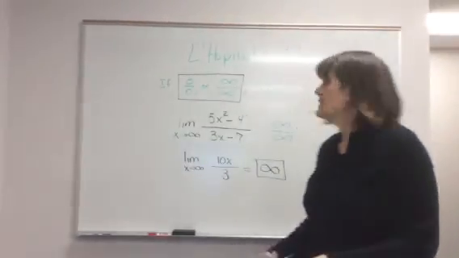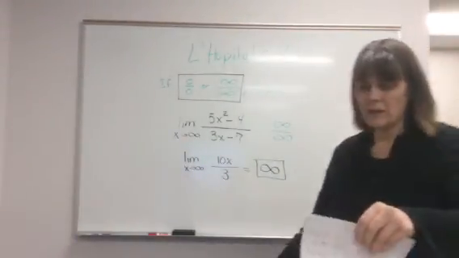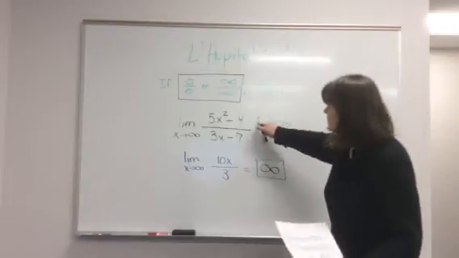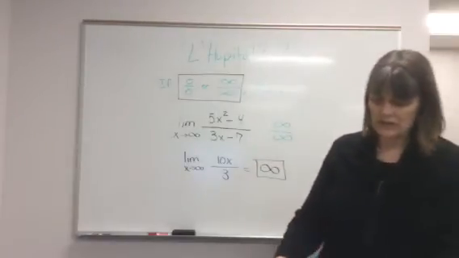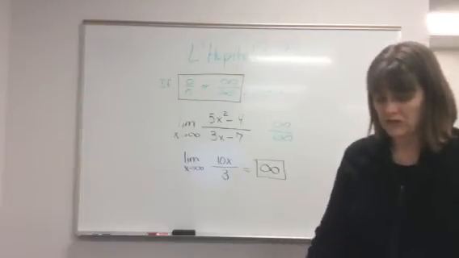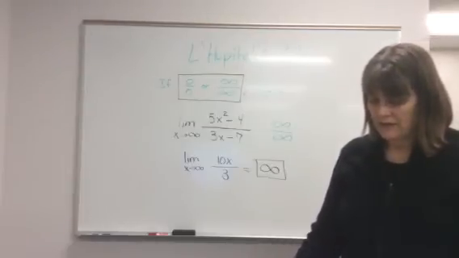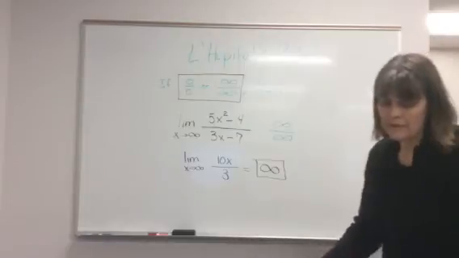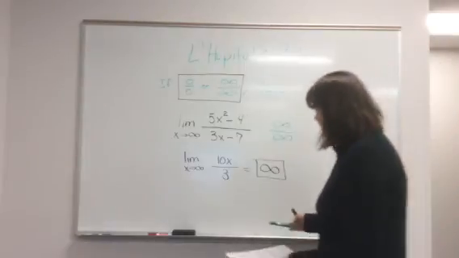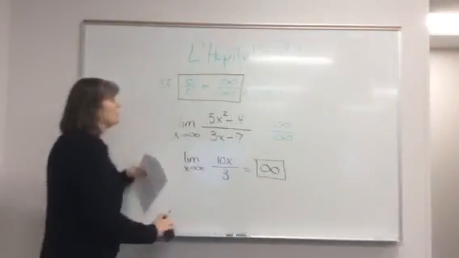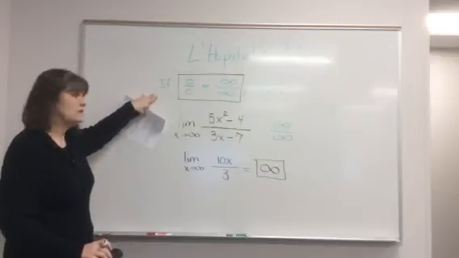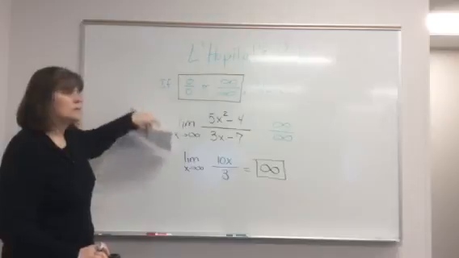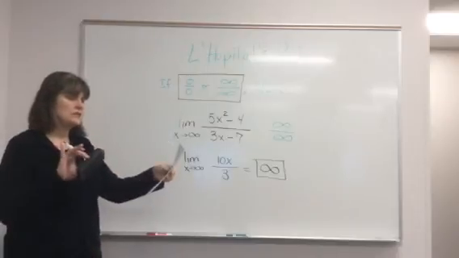So there's multiple ways to get there, but I wanted to illustrate that L'Hopital's rule still works for infinity over infinity. Most of the time, you may just look at it. Now, there's another form. So for AB calculus, this is the only form of L'Hopital's rule that you need to know. For BC calculus, we're going to look at two other forms.